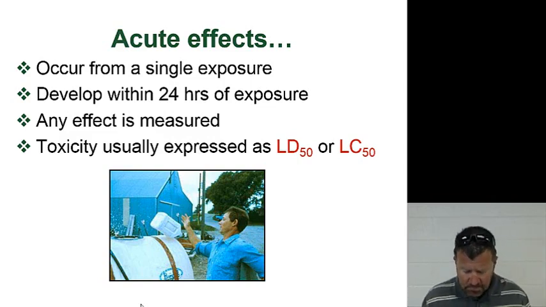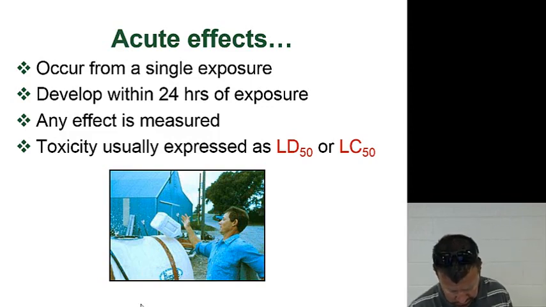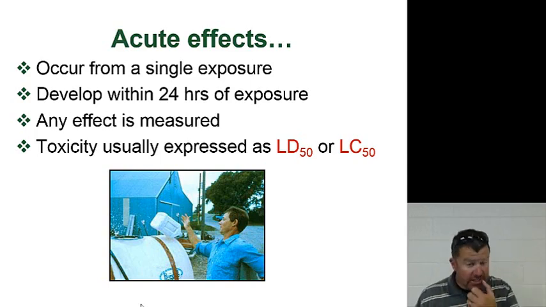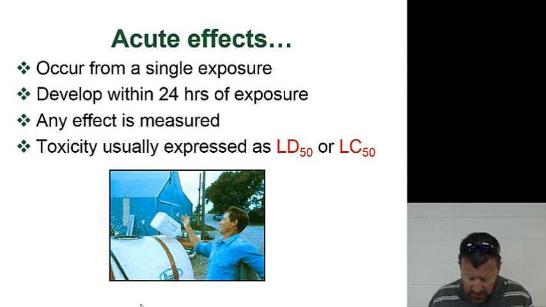That's kind of a tricky thing, but it's neat to figure this stuff out and to actually know what it is. But acute toxicity, guys, is determined by exposing laboratory animals to the toxin.